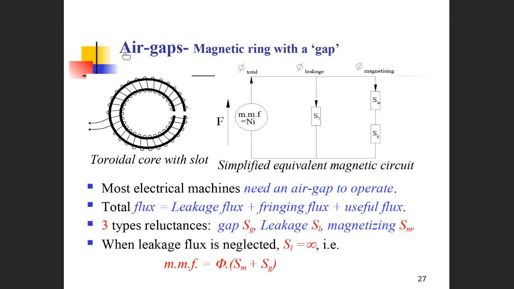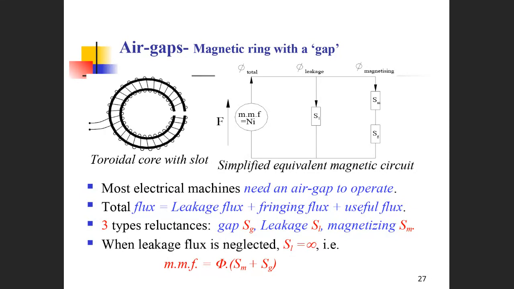So this is the air gap. What's the function of the air gap? Usually the length of the gap is very small, but the permeability in the air gap, as you know, is mu0, while the permeability in the material is mu.